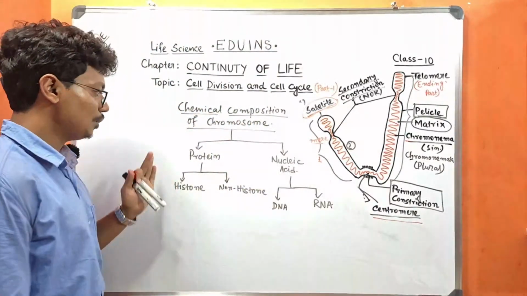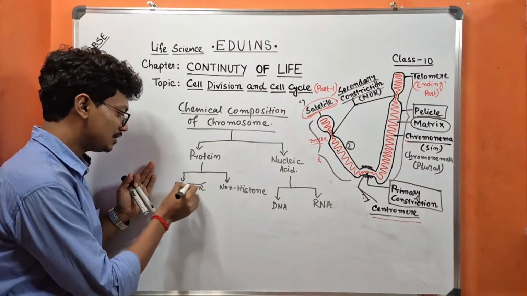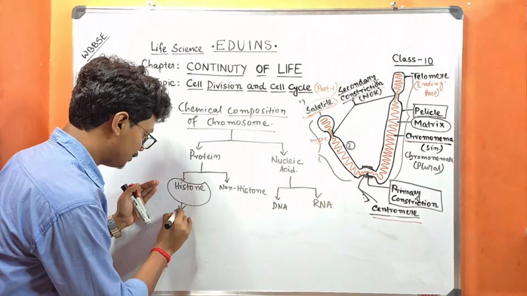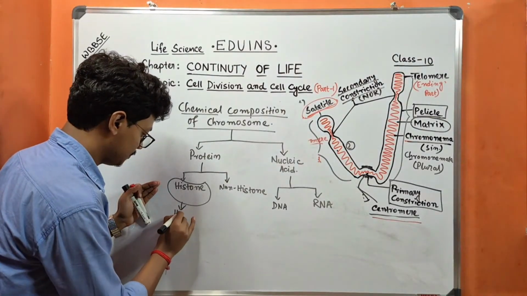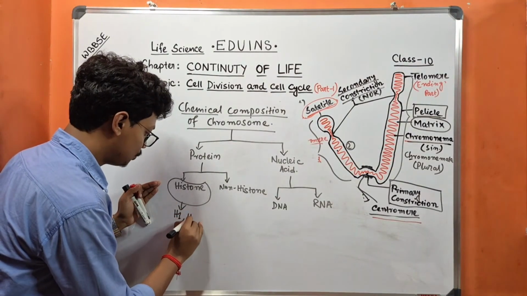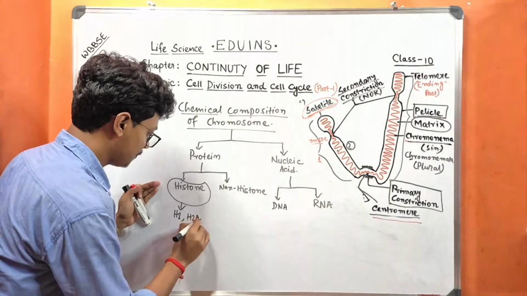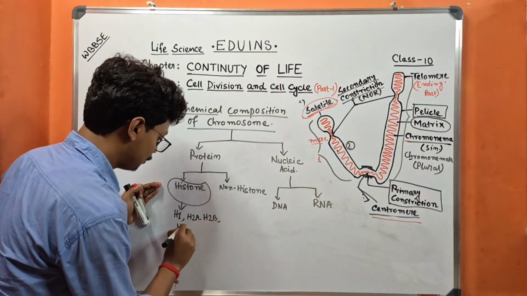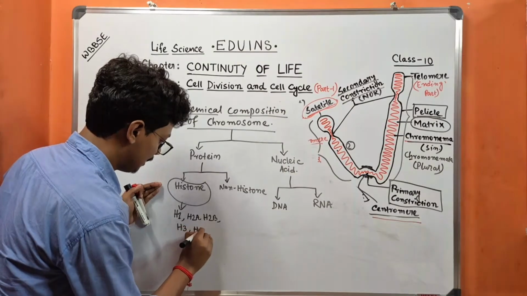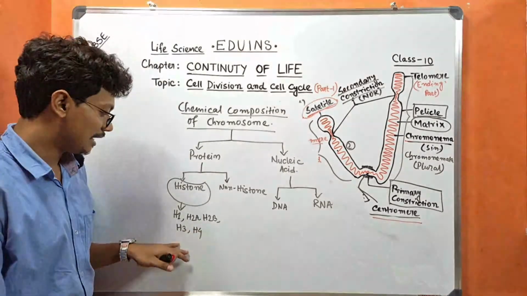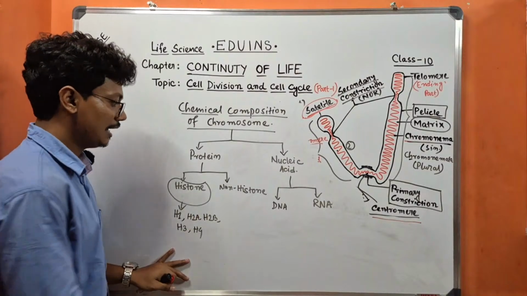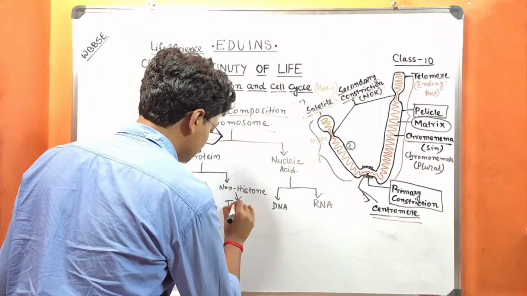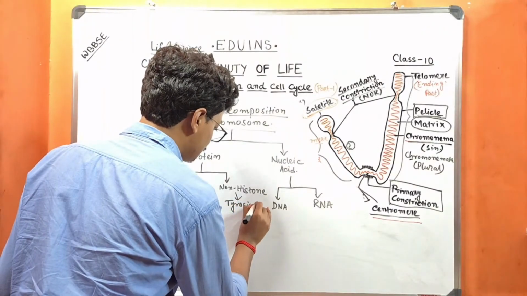In protein, the histones are present in 5 forms, that is H1, H2A, H2B, H3 and H4. And non-histone proteins like tyrosine, tryptophan are present.